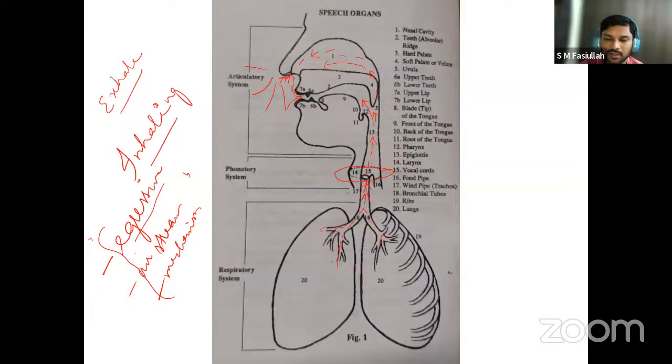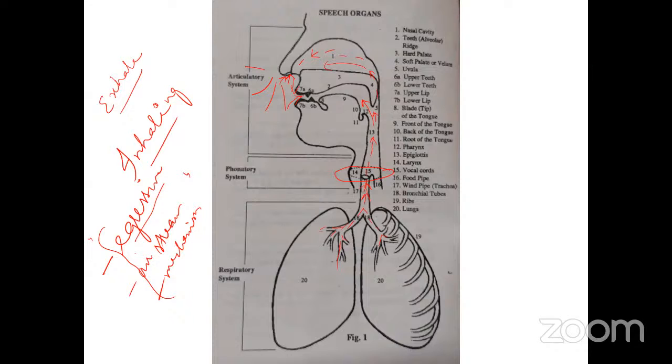Obviously we need energy, we need food to survive, but in order to produce sound, we need air. Without air, we cannot produce sound. Leave alone producing sound, we will die if we do not breathe. Do you agree? Yes.